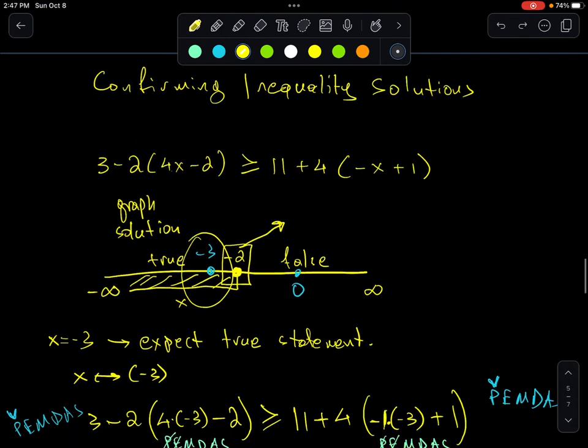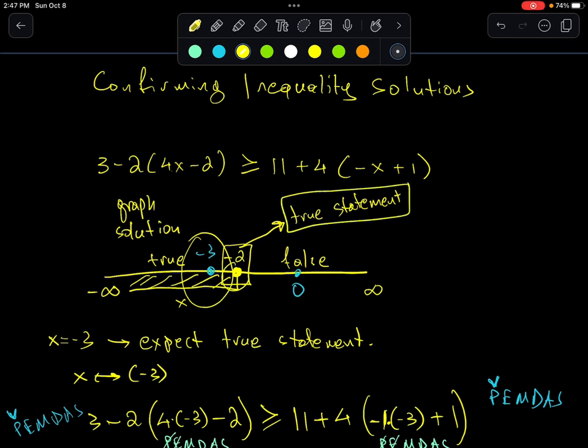So if I plug in -2, I expect to get a true statement. Now if it was excluded and I plugged it in, I would find a false statement.